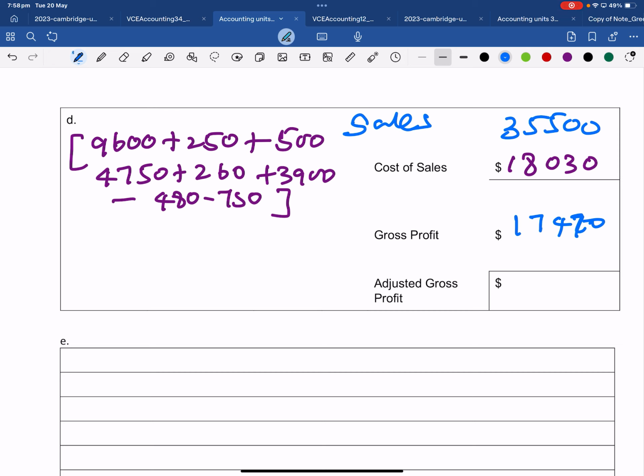And then our inventory loss, which is the 520. Then as a result, how much is our adjusted gross profit? 16,950.